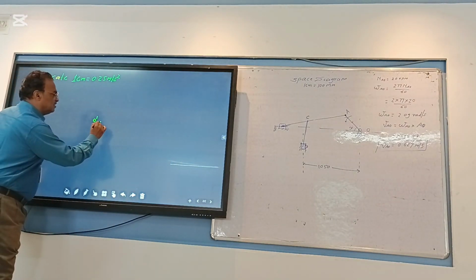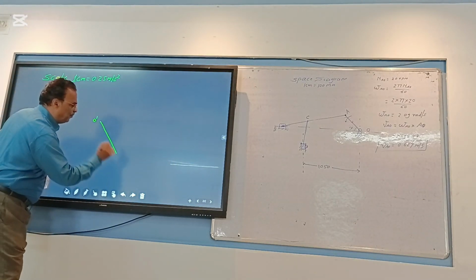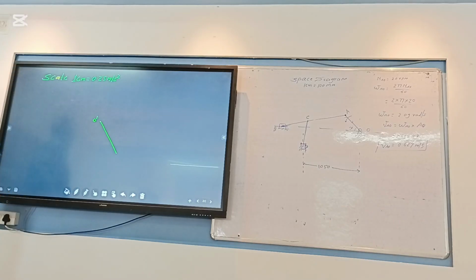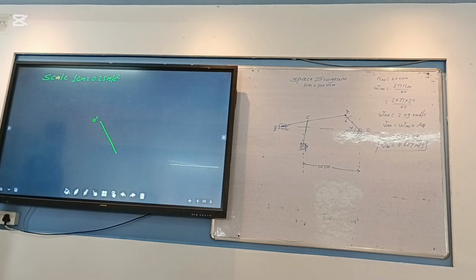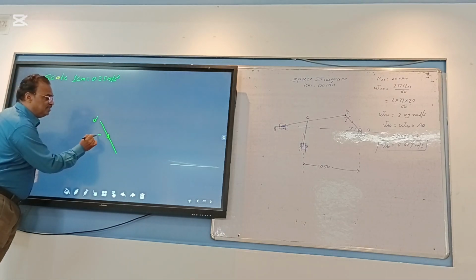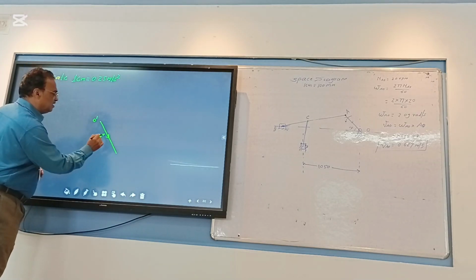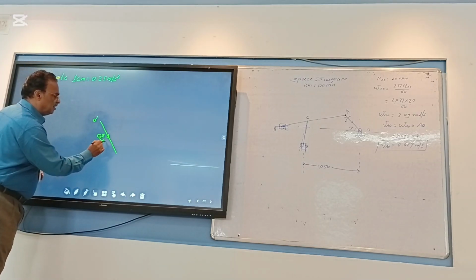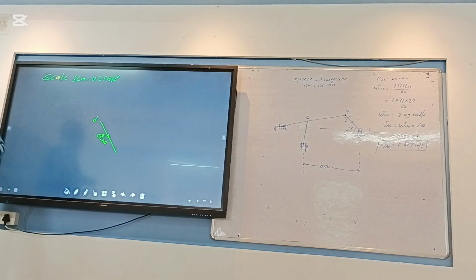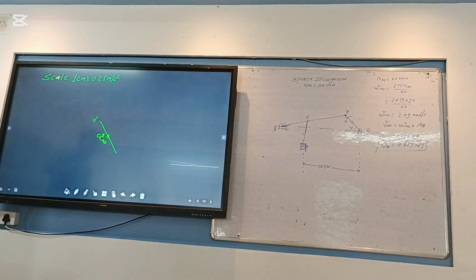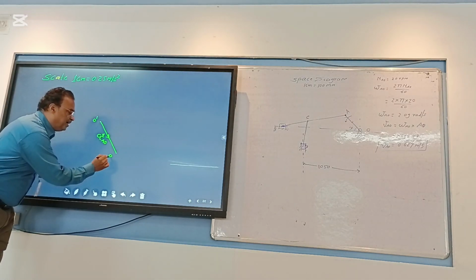So I am drawing this line parallel with OA in the downward direction. And this component is the radial component of AO. और ये पॉइंट होगा मेरा A dash.